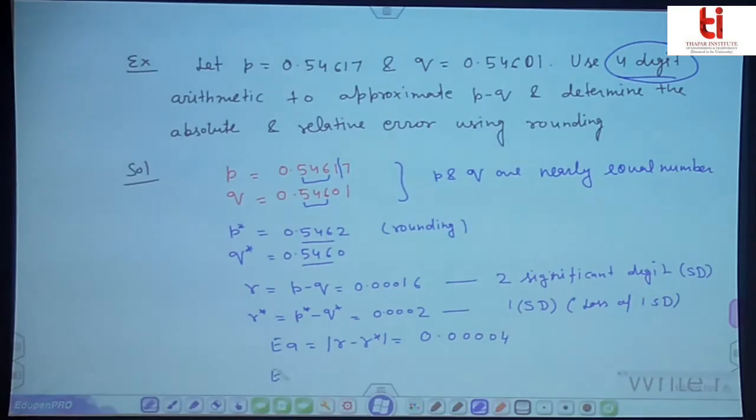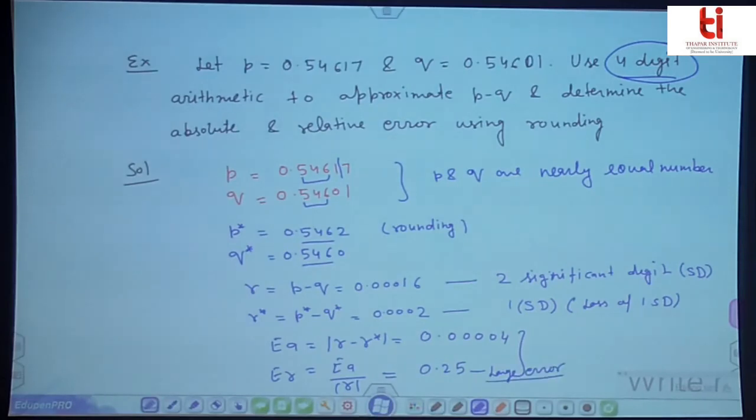And relative error is E of A upon mod of R, that is coming out to be 0.25. Okay. So there is a big difference between the errors. Absolute error is coming out to be 0.0004 and the relative error is 0.25. This is a large error.